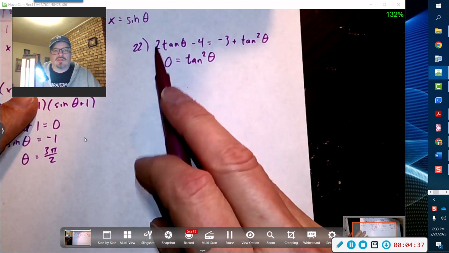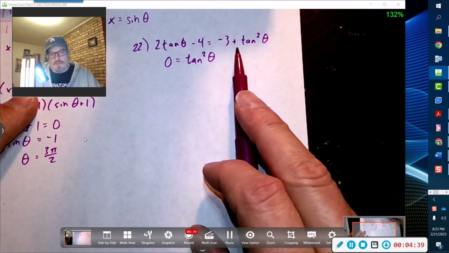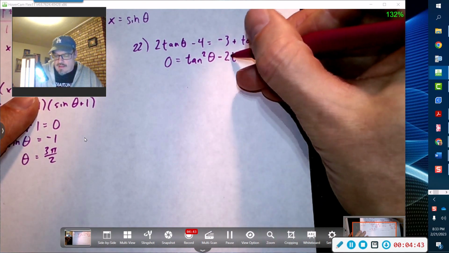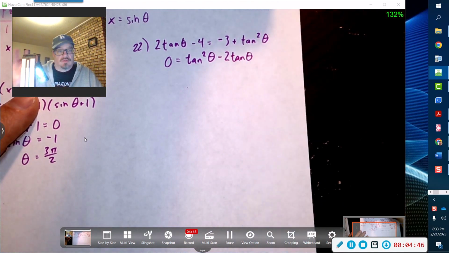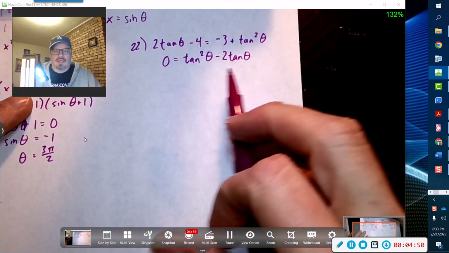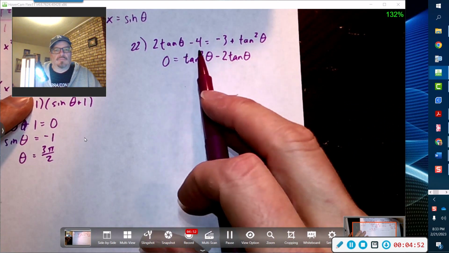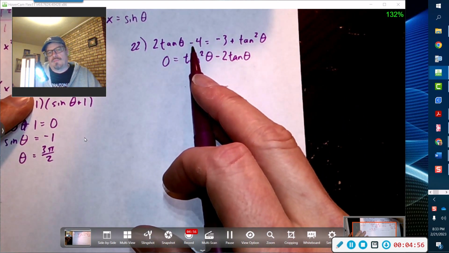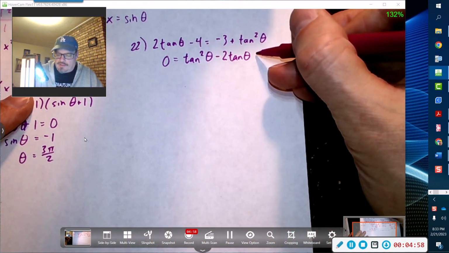This 2 tangent theta will move over, but he'll be negative. He will not combine with tangent squared theta. They are what are called unlike terms, quote unquote, and we would say unlike expressions, I guess, because tangent is a function. But now we're going to move this guy over here with a plus 4. Adding to that, that'd be a plus 1.